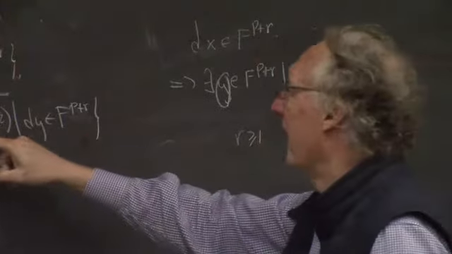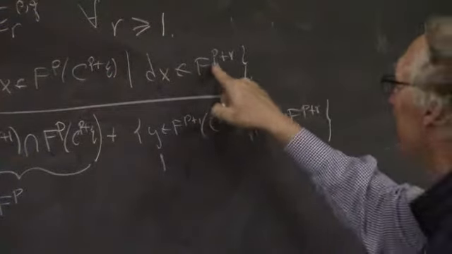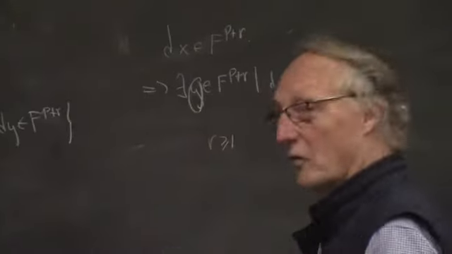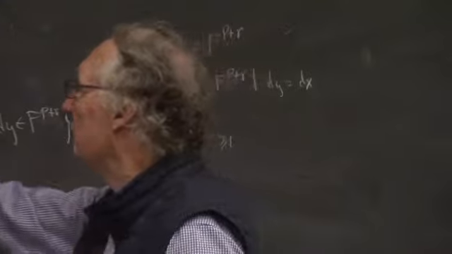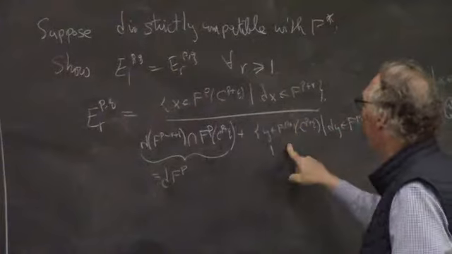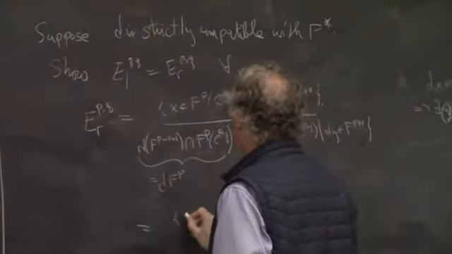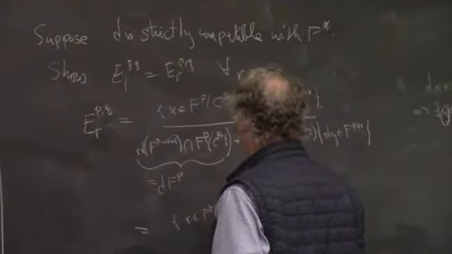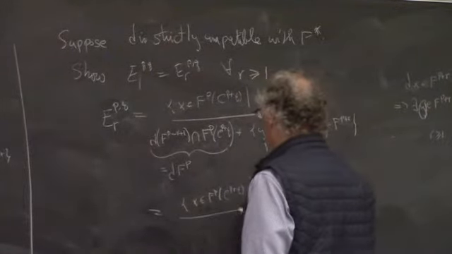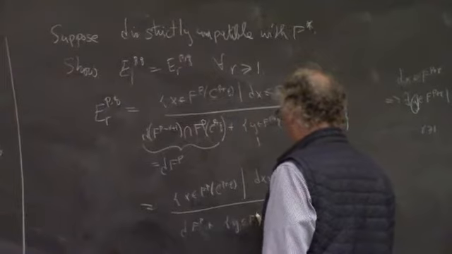It's in FP plus R, so it's certainly in FP plus 1, and d of it is in FP plus R, because it's equal to dx. So I can vary x by such a y. So in fact, that shows you that everything in the numerator here has a representative mod the denominator where dx is 0. So that shows that this is really the x in FP of CP plus Q, such that dx equals 0, modulo d of FP plus the y in FP plus 1.